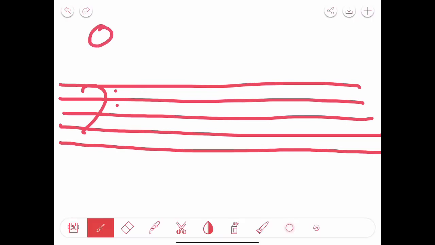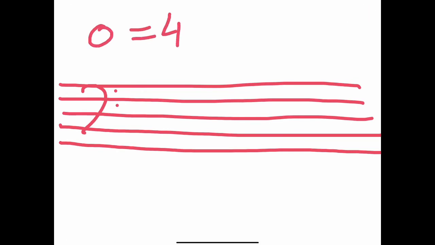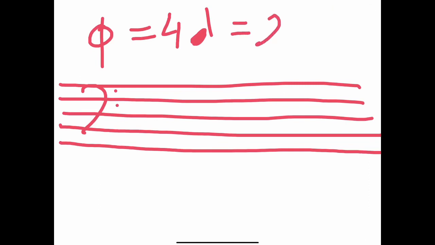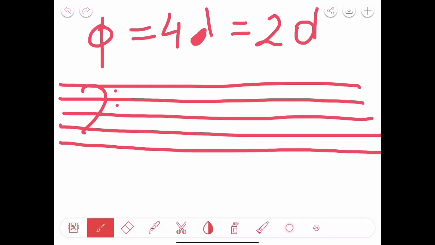Now let's go quickly over the note values. So we have a whole note, that's just a circle, and that equals 4 quarter notes. Okay, if you take a pizza and you slice it in 4, you get 4 quarter notes. Or if you just slice it in half, you get 2 half notes.